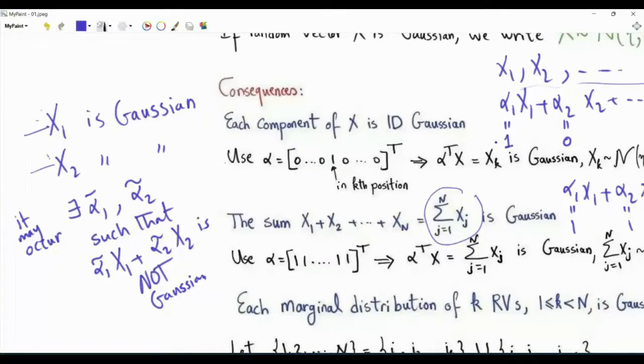But I cannot say that a collection of random variables in which each one of them is Gaussian is jointly Gaussian, unless I verify that any weighted sum of them will yield a Gaussian random variable.